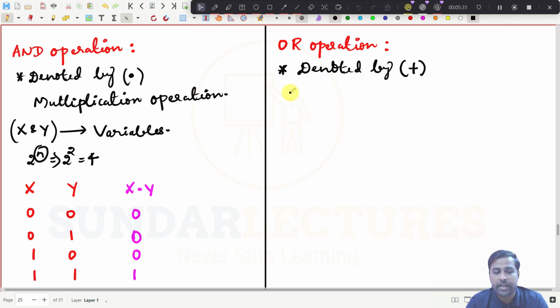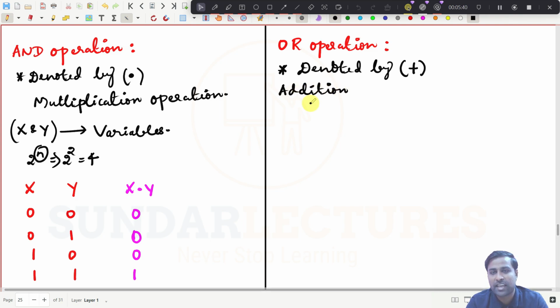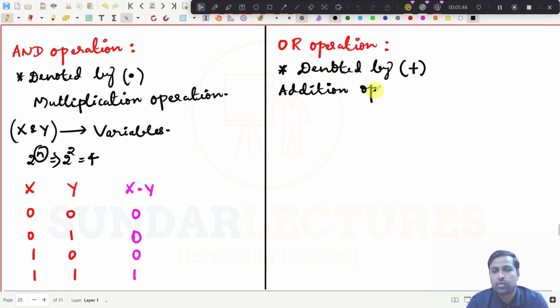This is the OR operator, and this will do something like addition, not exactly addition. You cannot say that this is an addition, but anyway, to understand things, this will do an addition operation.